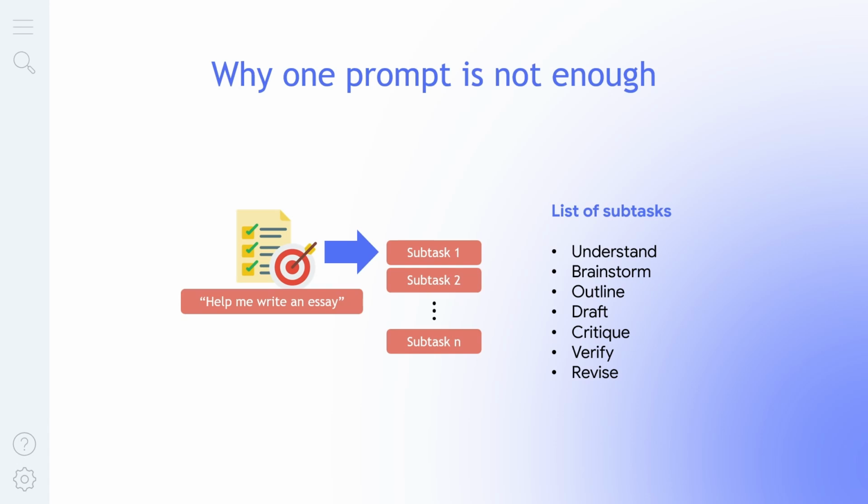A single prompt might give you a fluent essay, but fluent is not the same as accurate, original, well argued, or right for your specific assignment. A workflow lets you bring judgment to each of those steps instead of collapsing them into one.